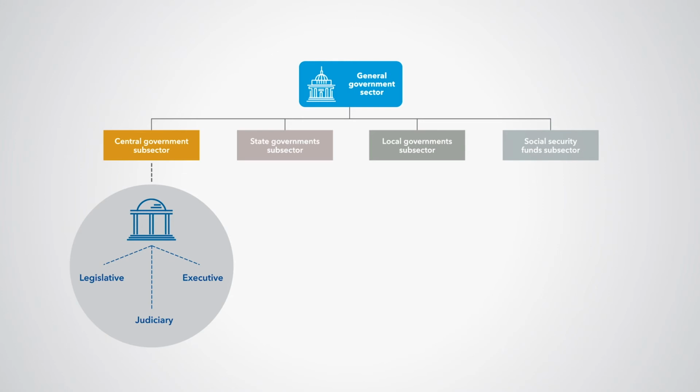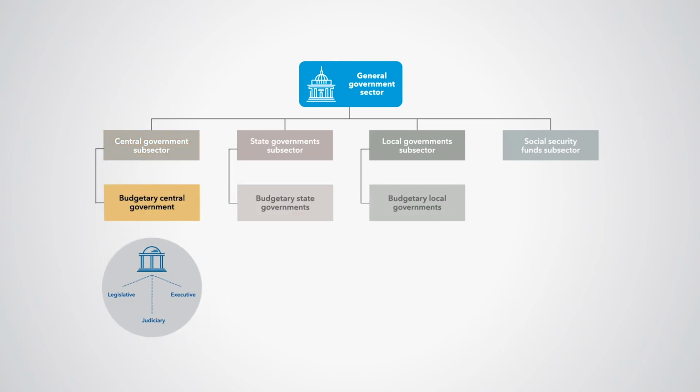This large institutional unit is called budgetary government and is often the sole component of the budgetary central government subsector. State or local governments also have the equivalent of this budgetary government unit.